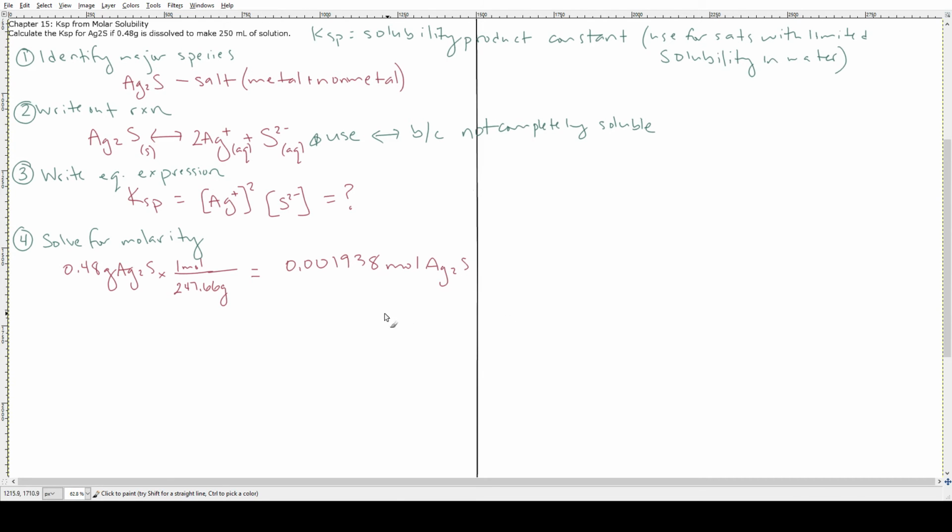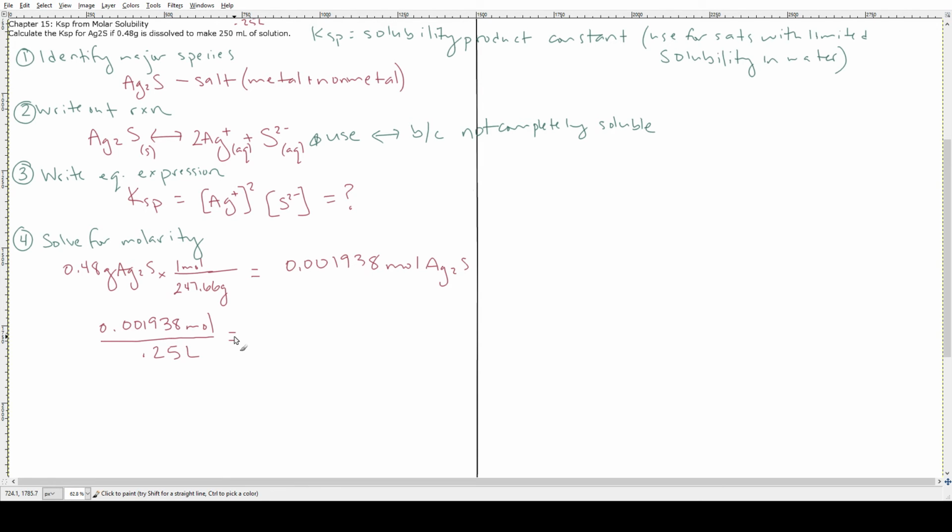Okay, but I want molarity. I know the volume that it's placed in, 250 milliliters, which is the same as 0.25 liters. So I'll say 0.001938 moles over 0.25 liters.